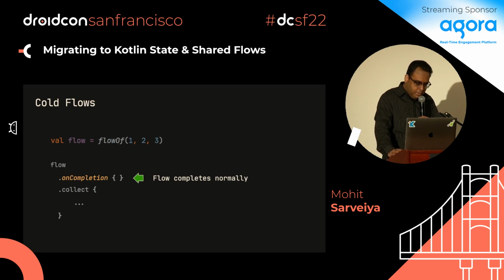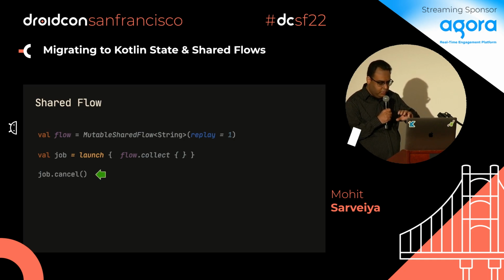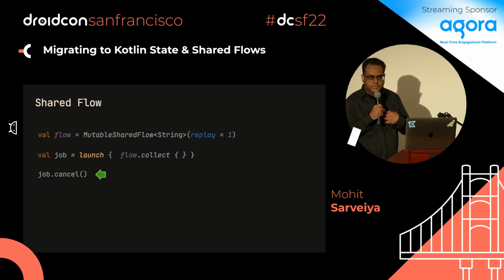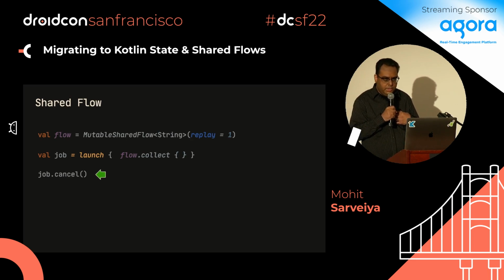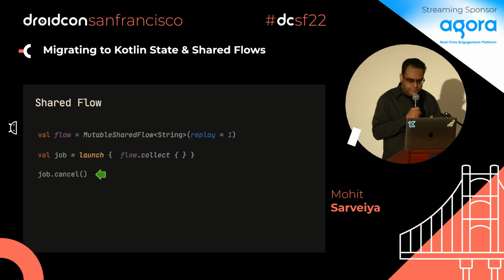But there's one thing that's important to remember. If you're building some type of client, for example, that's handling sending notifications out, at some point you want to clean up your subscribers. Otherwise, it's going to cause memory leaks. You want to clean up all these coroutine jobs that you're launching for your subscribers. That's really important.